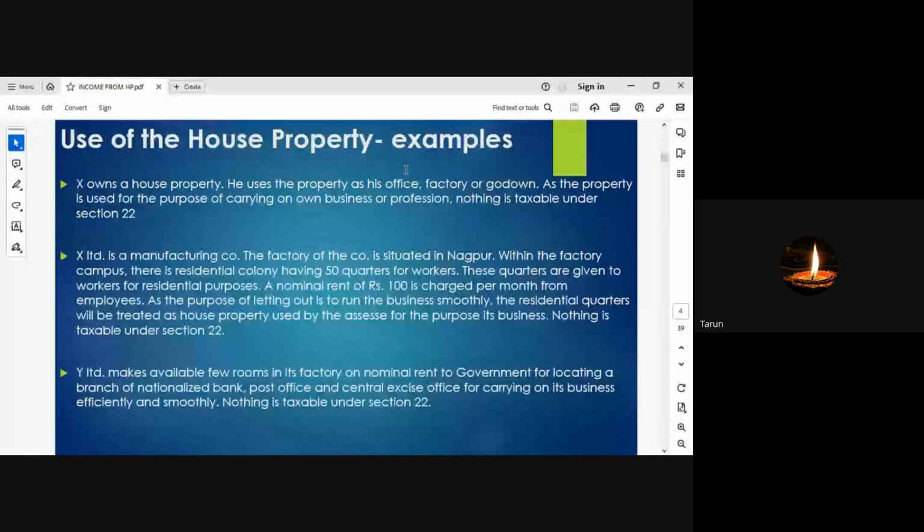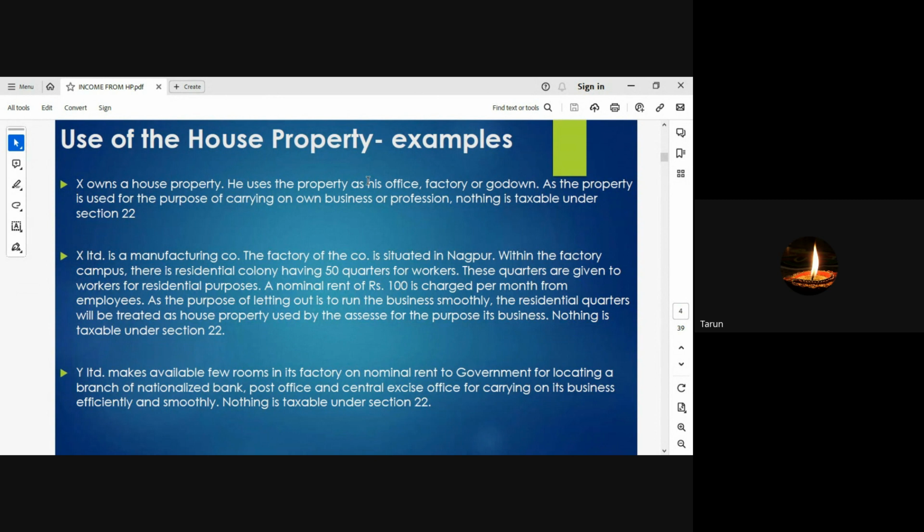Now, these are examples of the use of house properties. You can read them, and if you have any issue, just let me know. Read all three examples. In these examples, it is estimated whether such income would be taxable or not. So these are the cases. X owns a house property.